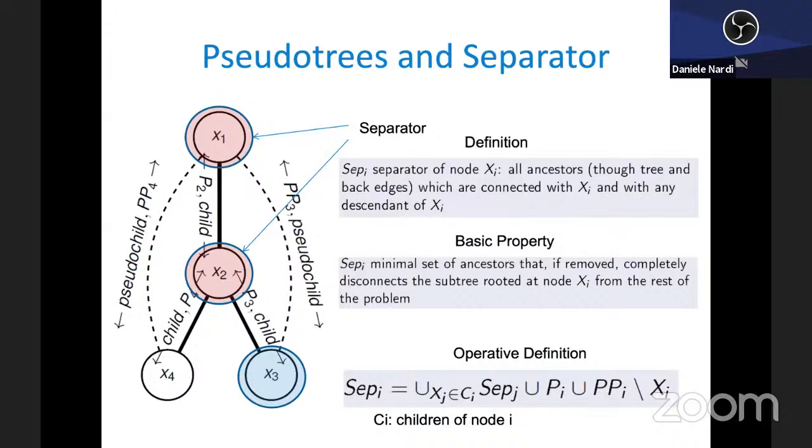So in this case, x1 and x2 will be considered the separator for the nodes x3 and x4, because by removing these two nodes, we have two completely independent structures.